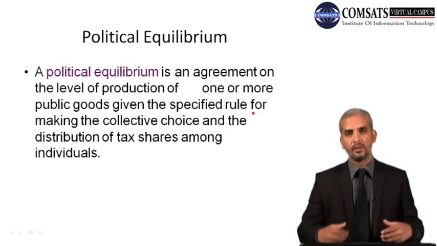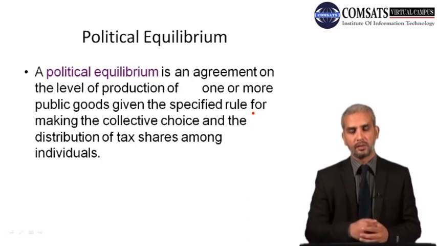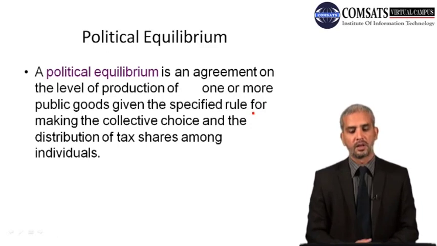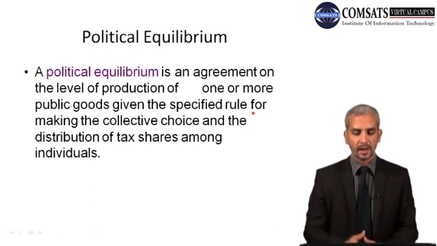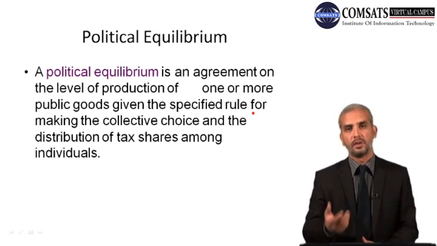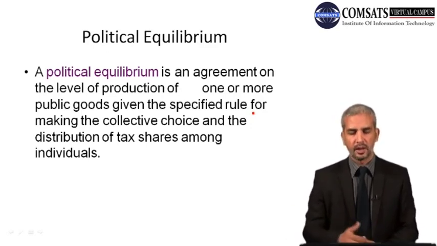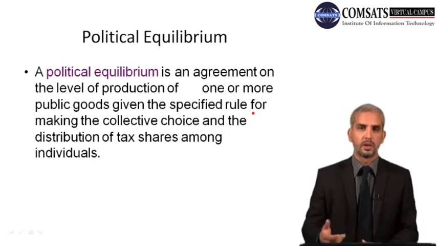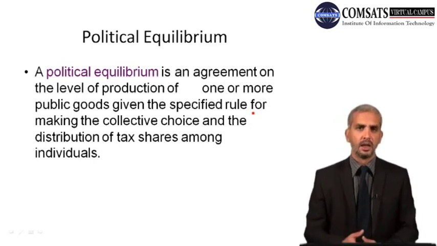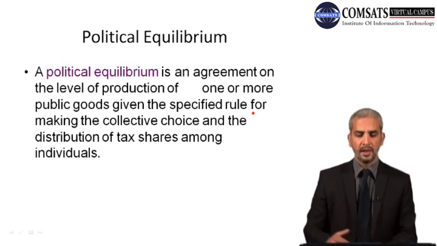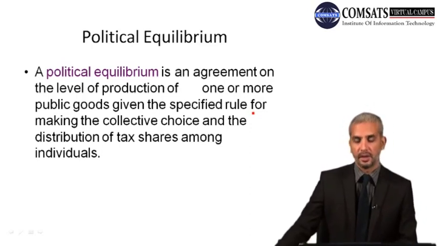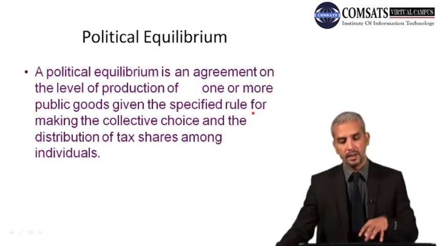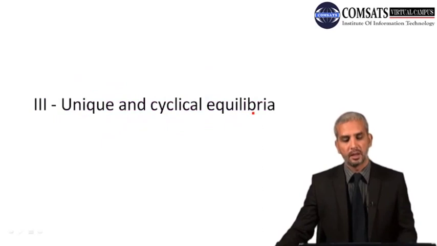Now this political equilibrium would decide what would be the efficient outcome, whether to change the level of production of one or more public goods given the specified rule that we use, minority rule or majority rule, and there would be certain rules within majority rule, for example 51% simple majority rule or 2/3 majority, and we would discuss those again. And the distribution of tax shares among the individuals. These are the outcomes of the political equilibrium.